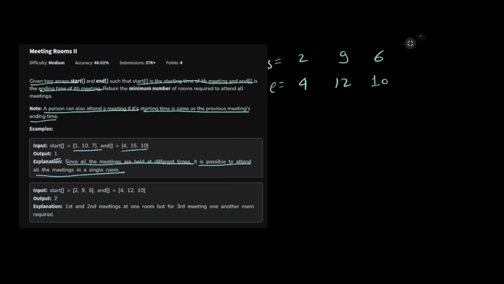So let's draw timelines here. It starts from 2, goes till 4. Now it starts from 9 and goes till 12. So 9, 12. And 6 to 10.